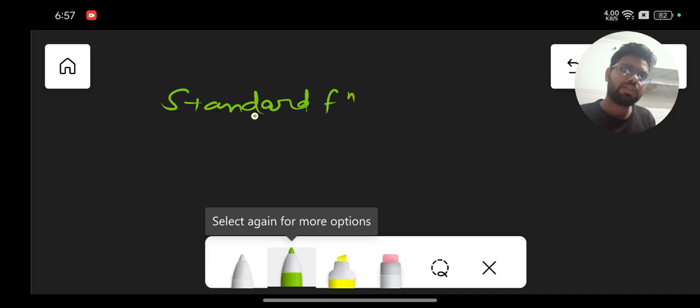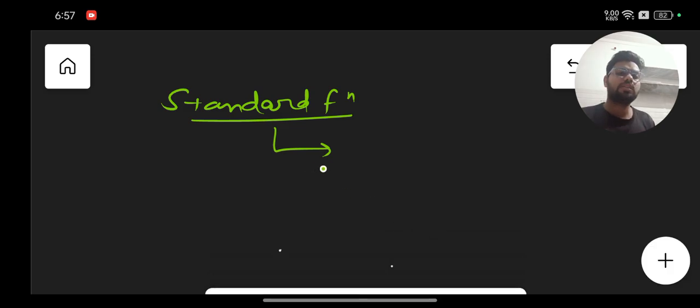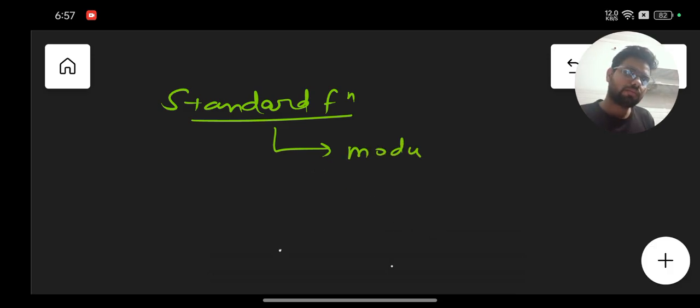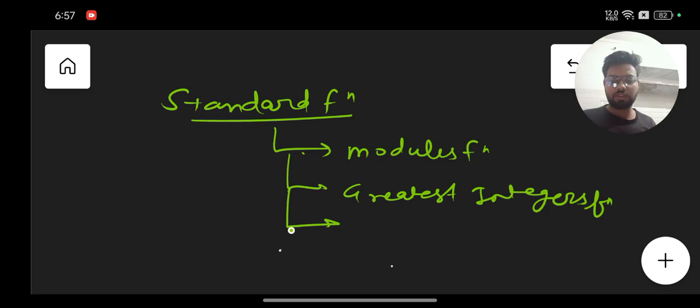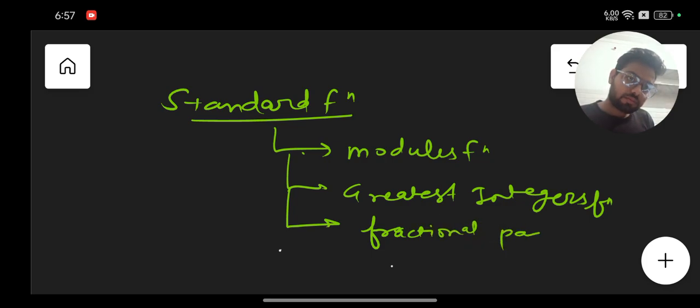Now, which standard functions can there be? Which types of standard functions will we discuss today? We will discuss the modulus function, the greatest integer function in this lecture, then the fractional part function, which is basic to it.